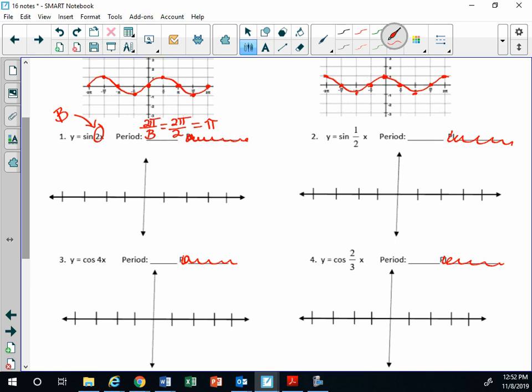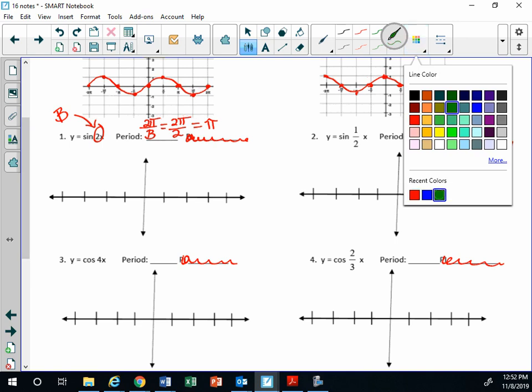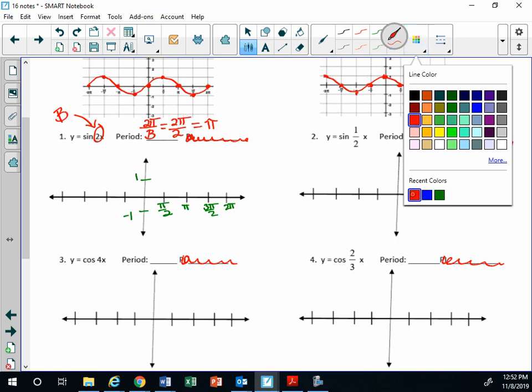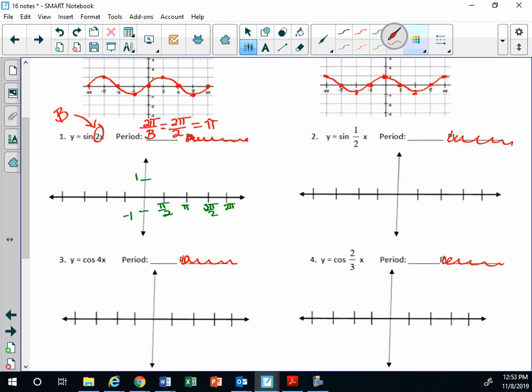The next part, do not write what I'm going to write. Just pay attention to what I'm doing. Do not write this down. If I label the x-axis the way we have been for everything, what the period change means is that now instead of the whole graph happening by the time you got to 2 pi, it would all happen by the time you get to pi.